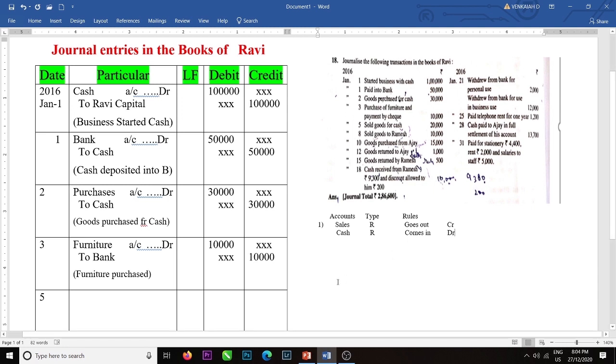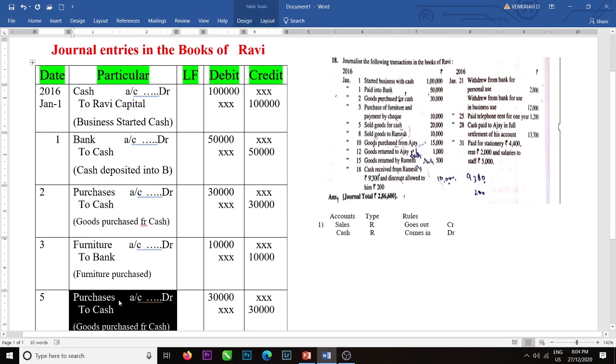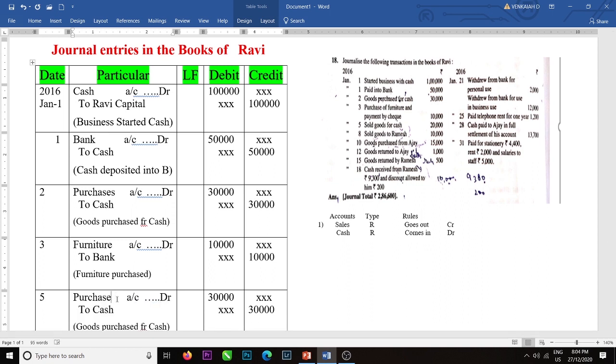So overall, the debit account we have to write first. That will be cash account debit, to sales account. Students, remember, either sales or cash, sales are always credit.